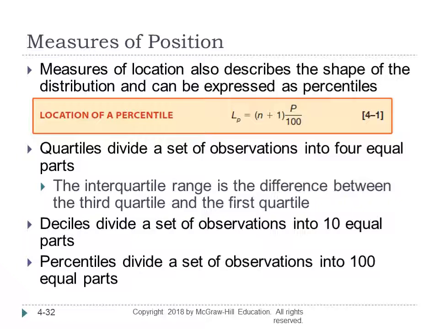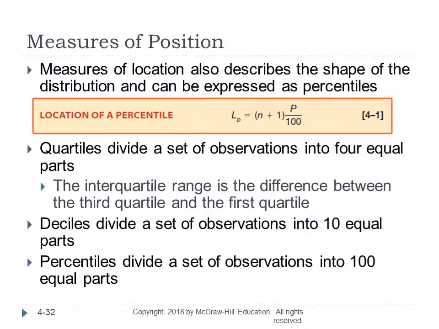But we need to specify other locations. Measures of location also describe the shape of the distribution and can be expressed as percentiles. Here is the formula to find the location of the percentile. Think of the median now as the 50th percentile.